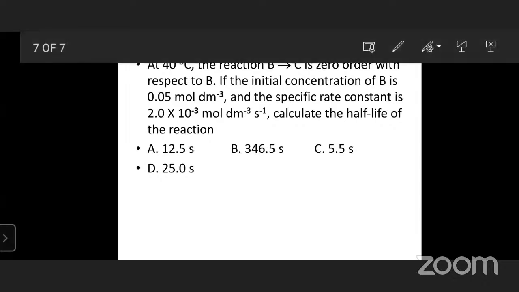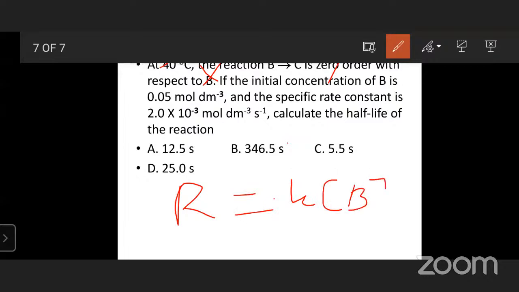At 40 degrees centigrade, the reaction B into C is 0 order with respect to B. If the initial concentration of B is 0.05 mole per dm cube, and you are given the specific rate constant, rate is equal to K into B. At 40 degrees centigrade it is 0 order, so raise it to power 0. Anything raised to power 0 is what? 1. So everything is equal to K.